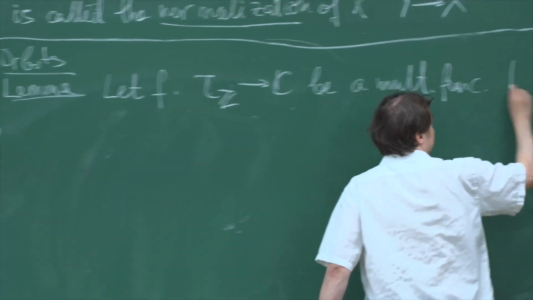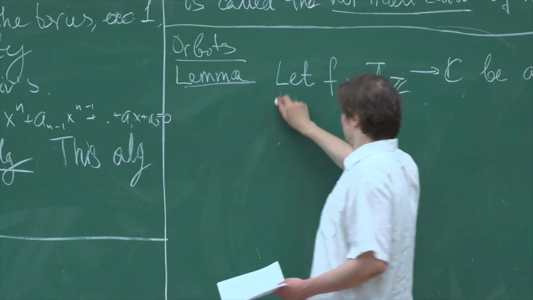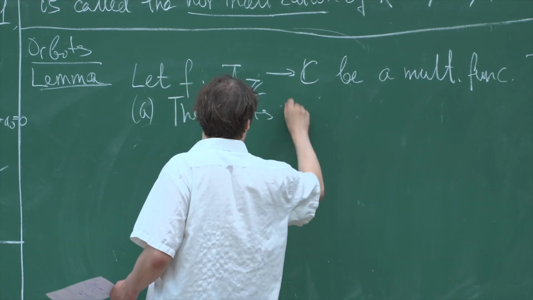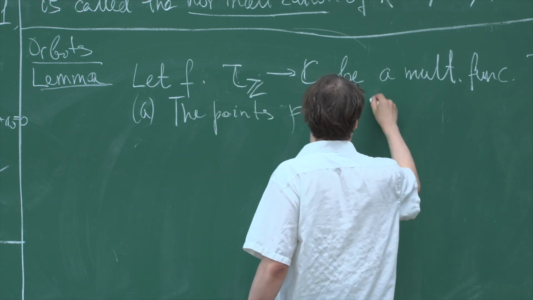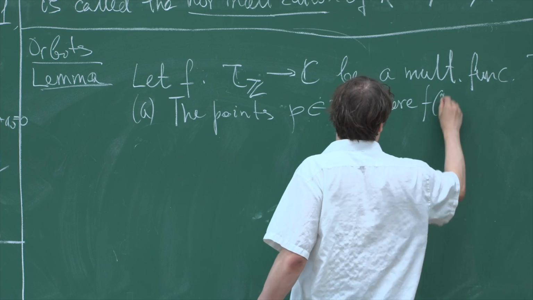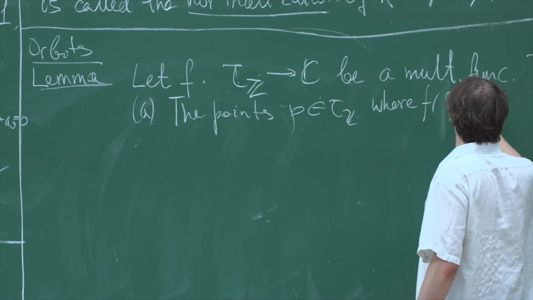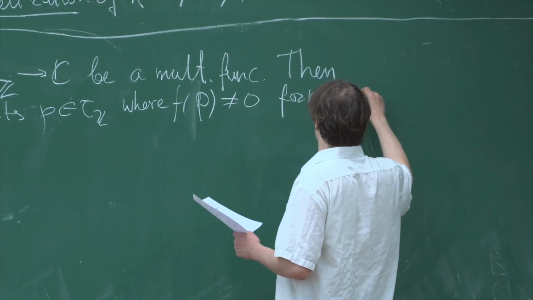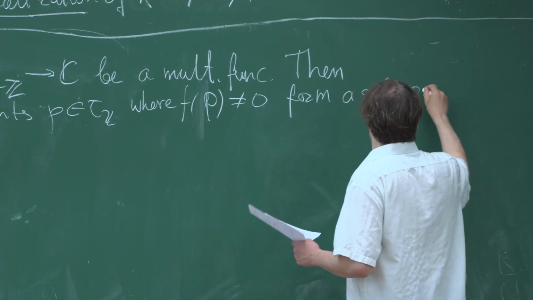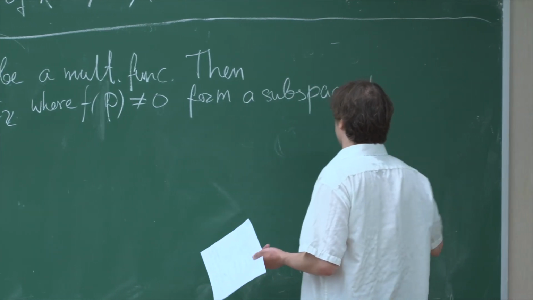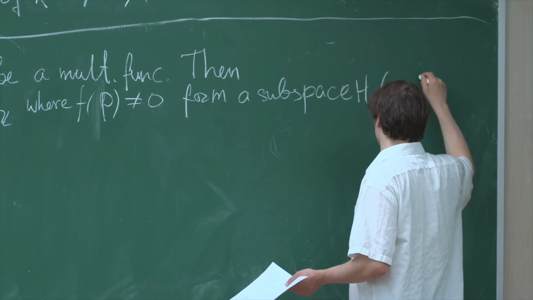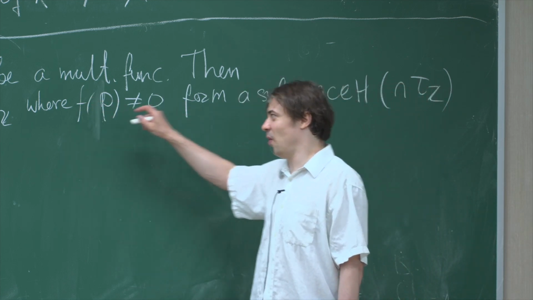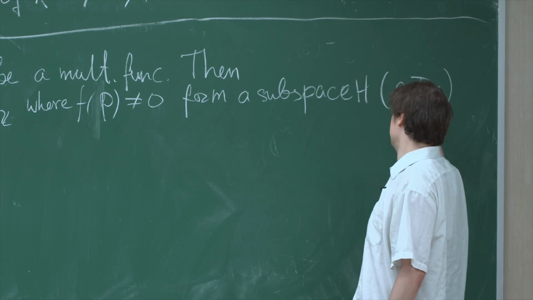Then first the points p in tau Z where f of p is not zero form a subspace H intersected with tau Z. So there exists a subspace such that all non-zero points are exactly the intersection of this subspace with tau Z.